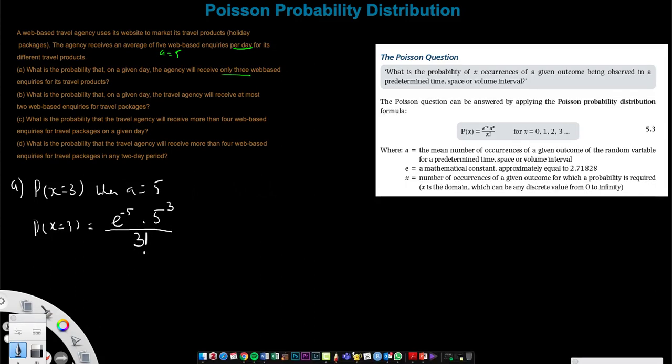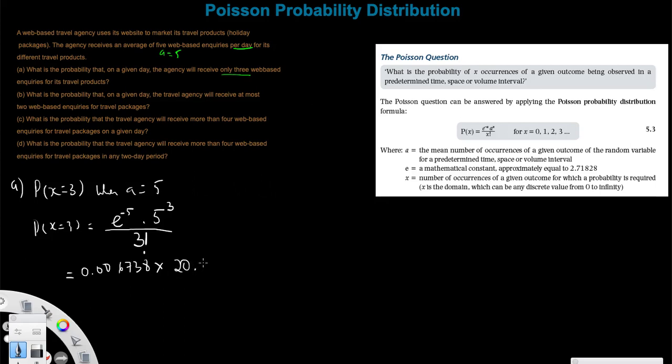So you can put that on your calculator to get the answer. You know already what 3 factorial is by now, and this should give us 0.1404. It's easy to just put everything on the calculator.